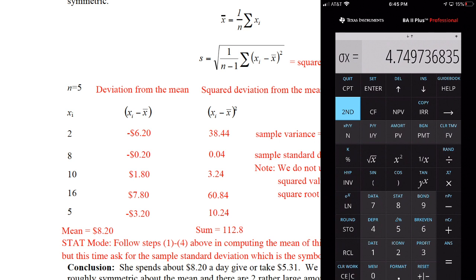So let's look at these in practical terms and what is the difference between them. What's the difference between the sample and the population standard deviation? What am I asking?